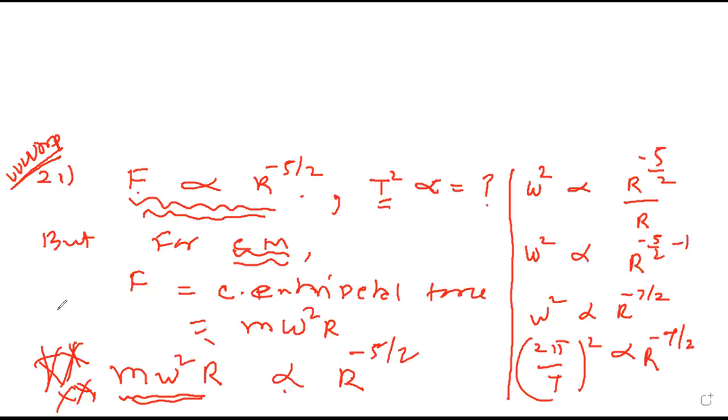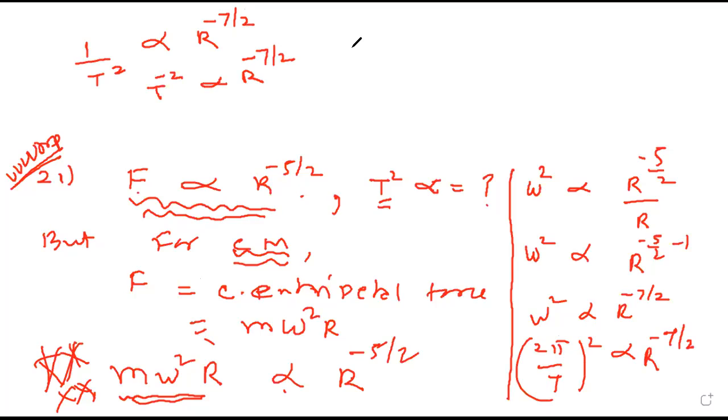2 pi is constant or variable? Constant. So 2 pi goes, 1 upon t square is proportional, I mix all constants into the proportionality, to r raised to minus 7 by 2. T square goes up, so can I say it is minus 2? And minus minus can be cancelled on both sides?